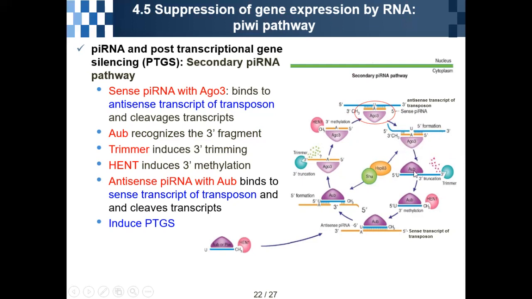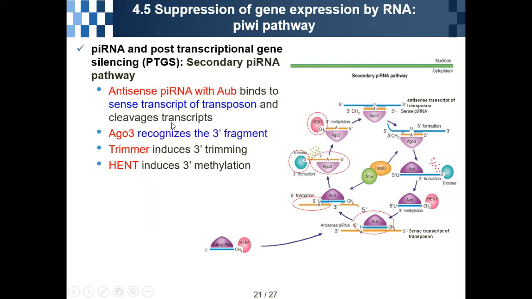This one recognizes the 3' fragment. This is the 5' fragment and the 3' fragment. Finally, the antisense piRNA with AUB binds to the sense transcript, and they will cleave the transcript. So it will induce post-transcriptional gene silencing.